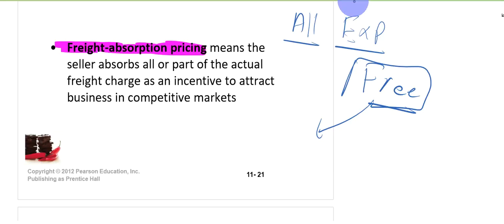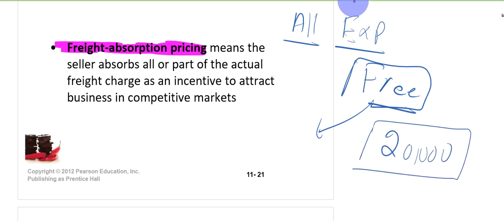So companies give the product without any extended delivery charges everywhere. This is called freight absorption. Here, freight charges are absorbed by the companies.